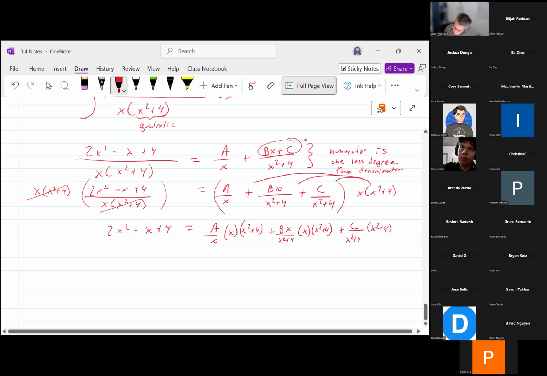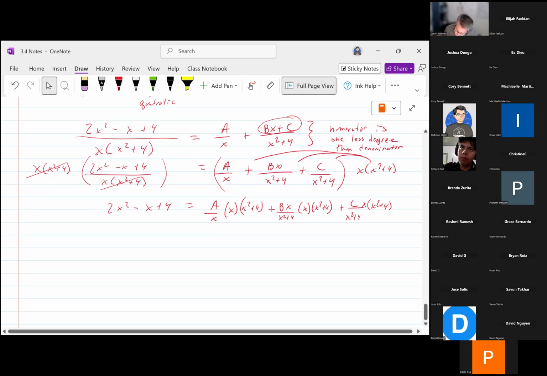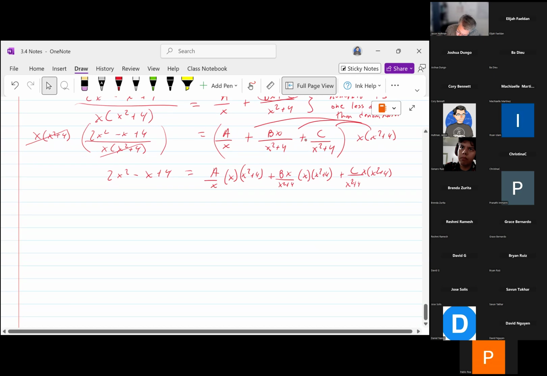Oh, there's an x there. Sorry. Now let's cancel there, cancel there, cancel there. And so I'm just left with a times x squared plus 4 plus bx times x, which is bx squared, plus cx is equal to 2x squared minus x plus 4.